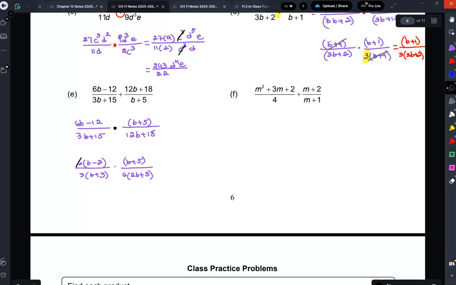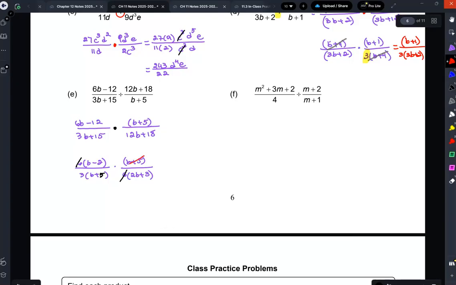So this 6 and this 6 reduce and nothing else. Oh no. Something does reduce. I just made a mistake. Where's my mistake? Who can find my mistake? I think it's the b plus 3. Instead of the b plus 3, it's b plus 5. It's b plus 5. There we go. So now more things reduce.